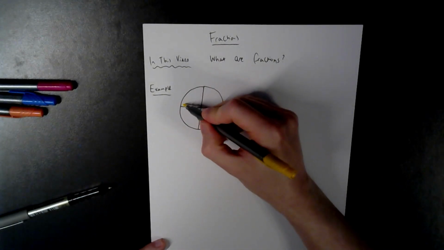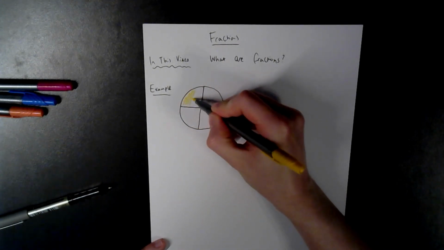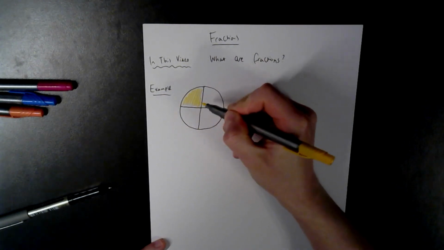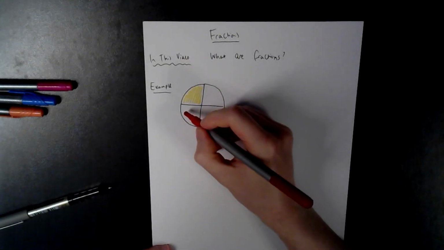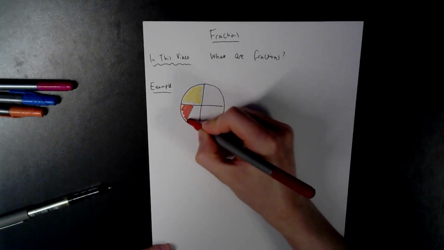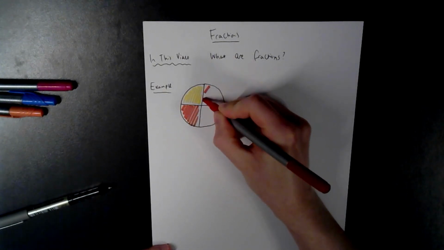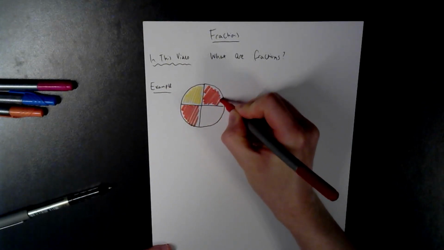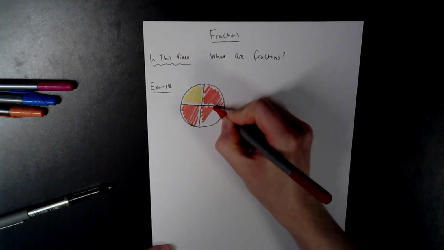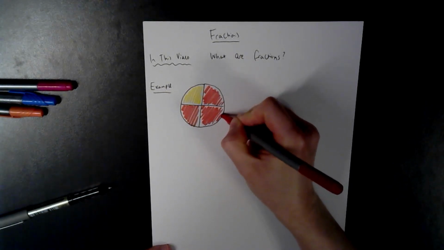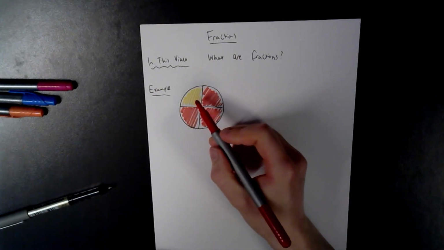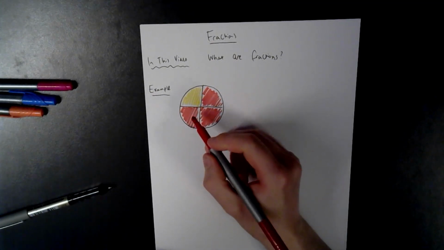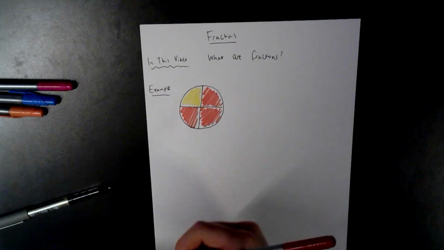So let's say that one slice of your pizza has lots and lots of cheese on it, and then the other 3 slices are all very tomatoey. So tomato, tomato, tomato. So we've got this whole pizza which has been broken up into a cheese slice and 3 tomato slices.